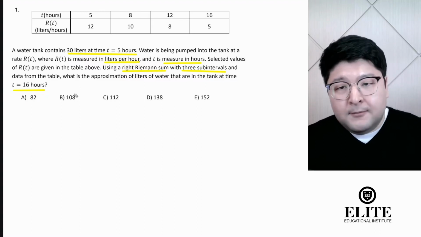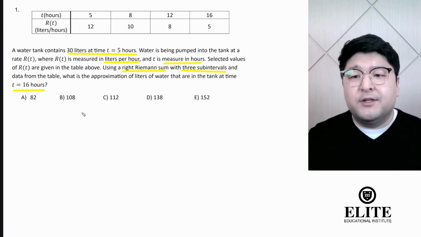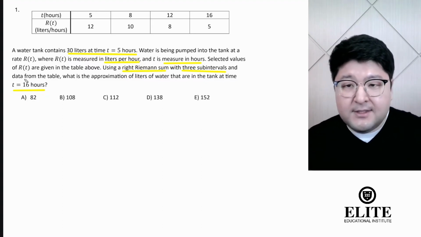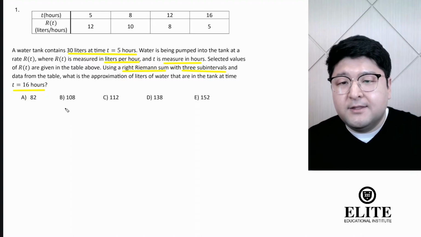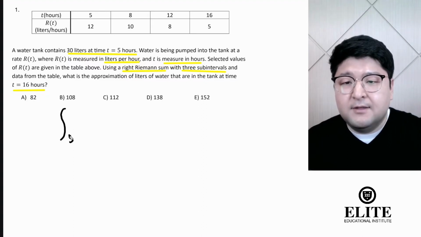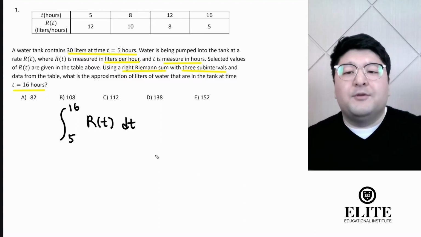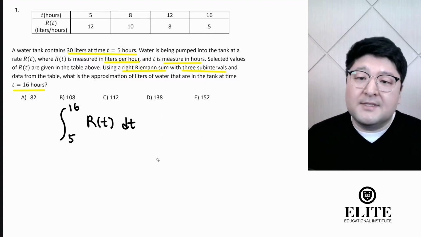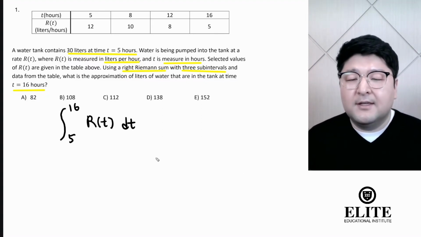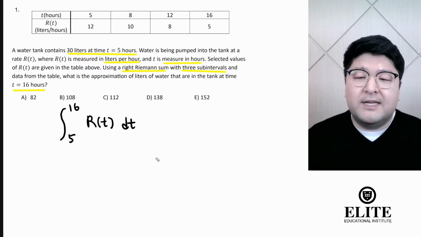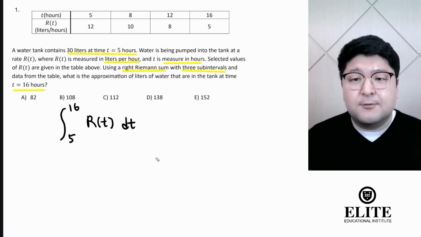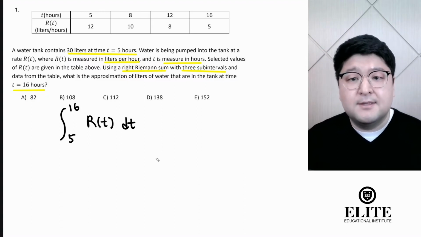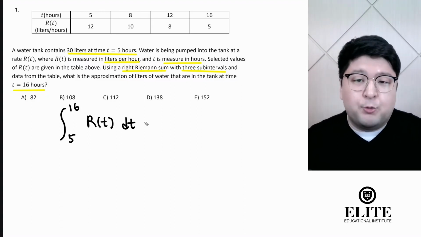So in order to know how much water is in the tank at t equals 16 hours, we have to first find the approximation of the integral from 5 to 16 of R of t dt. This will find us how much water has been pumped into the tank from t equals 5 to t equals 16 hours. And we'll be using the right Riemann sum to make the approximation.